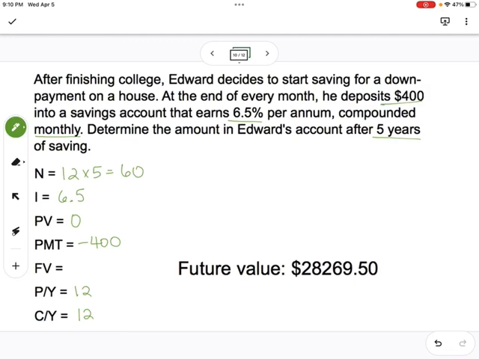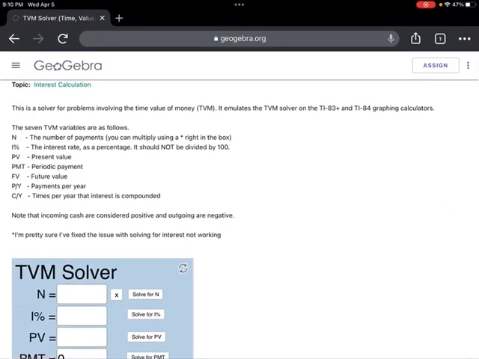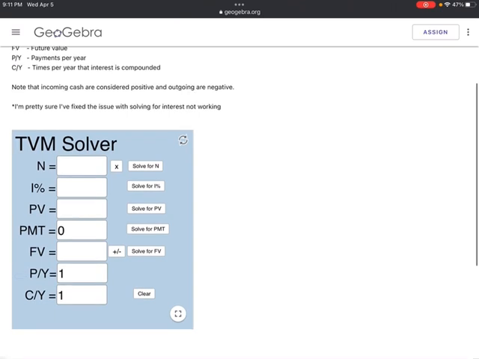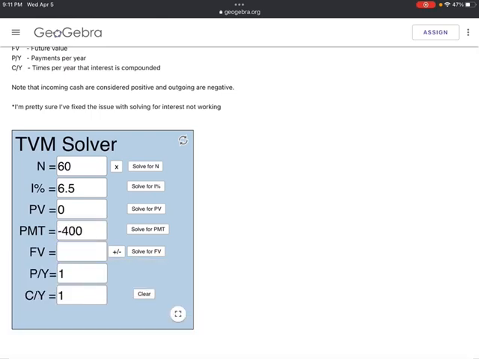Flipping over to the TVM solver, you will have this link on Google Classroom, and this is what it looks like here. What we do is put in all the values that we have calculated. I'm doing that now.